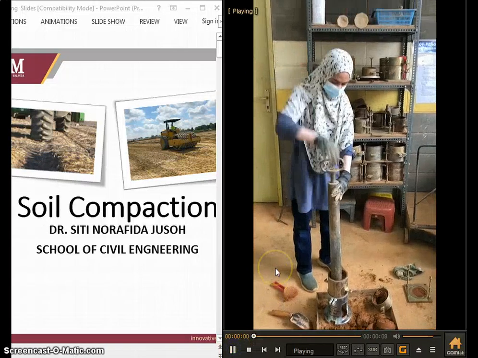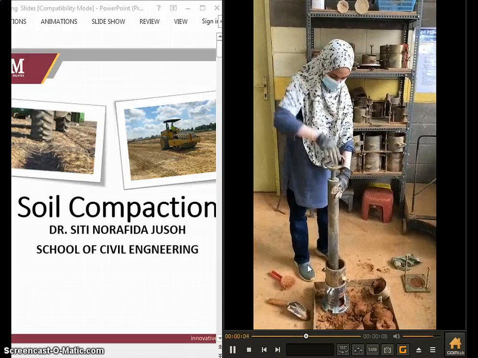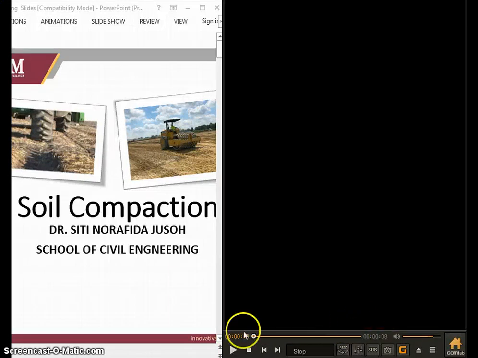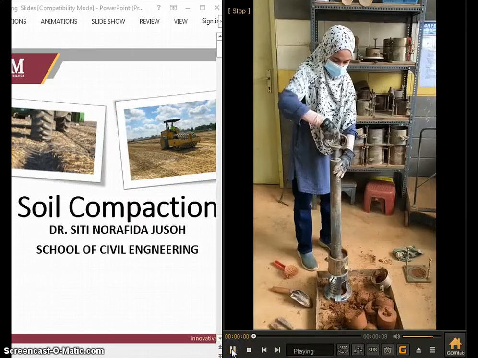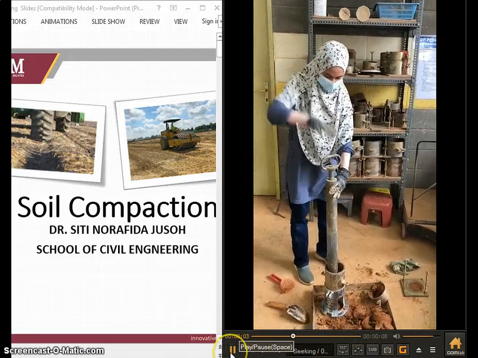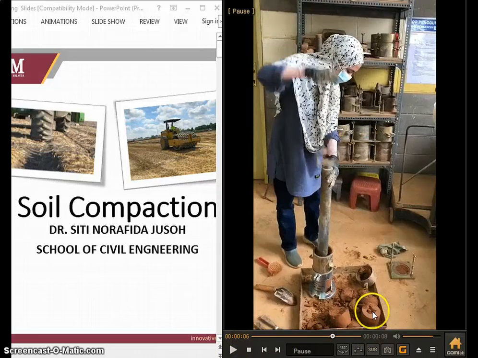Okay, and this is how we push the soil sample out from the mold, because we want to take the middle part of the soil. I can show you again. We want to take the middle part of the soil to measure the moisture content. If you can see, your seniors already did a few different soil samples.